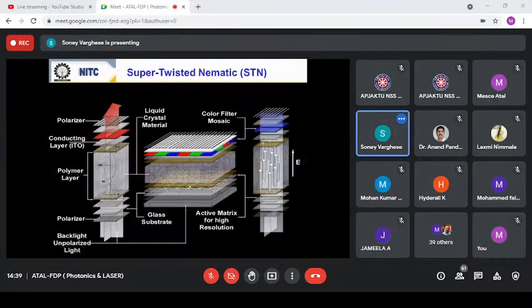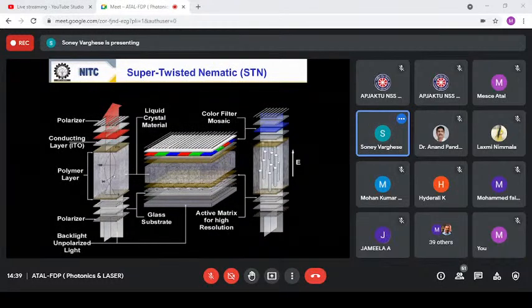And so this is for the super twisted. Super twisted means we can see that the twist angle will increase to 180 degree, right? You can see that in the previous case, the twisting was only 90-degree twist, right? But in this case, the twist will go to 180 degree. So that depends on the material which is used as liquid crystal, right?